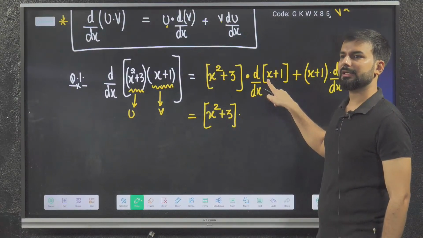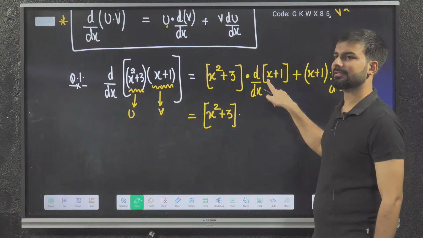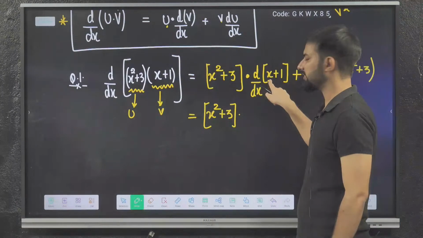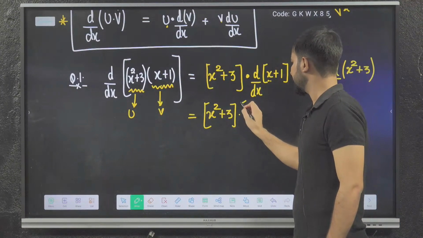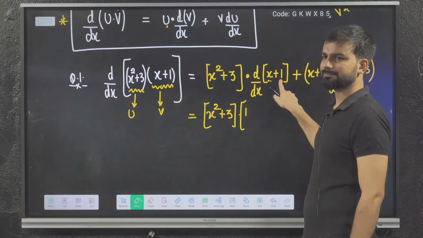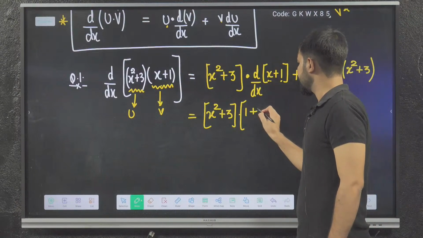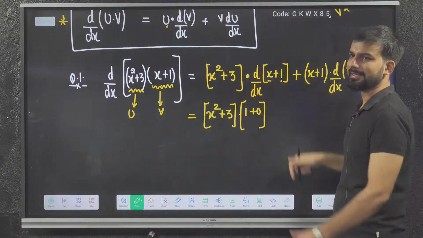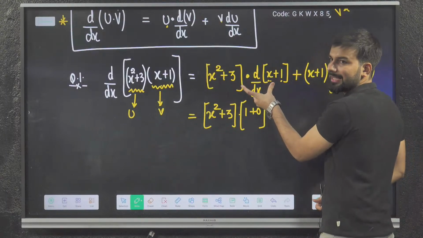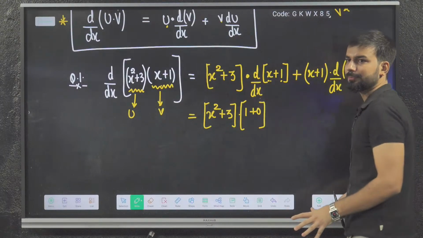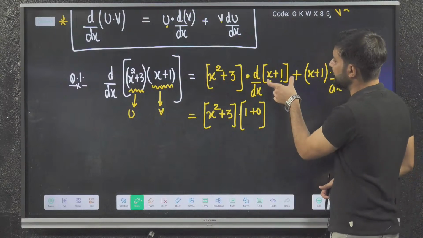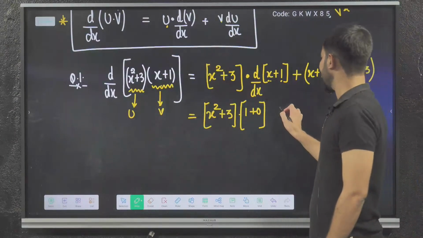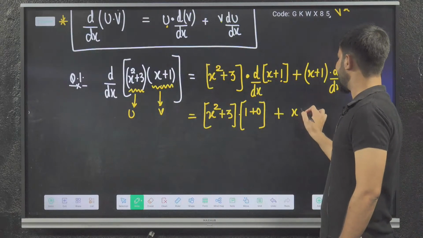It will be 1. What is the differentiation of 1? Plus 0, right? So this particular fragment has got solved. I hope you understood this because we have already done problems based on it. Plus x plus 1 as it is.